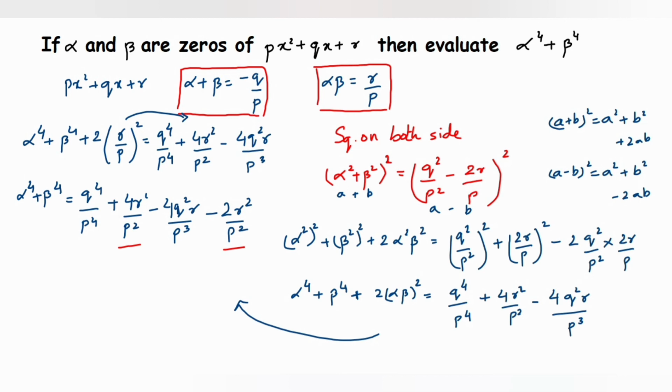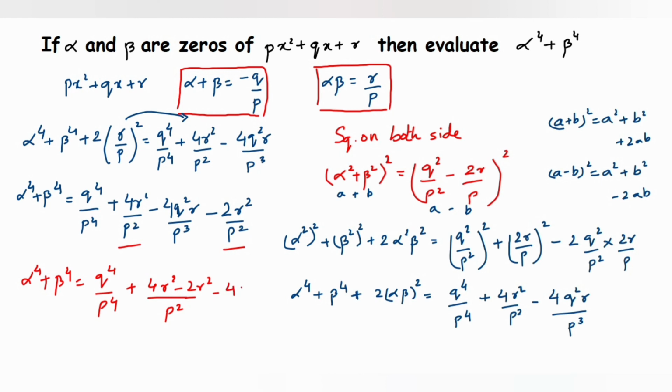So after doing this we'll get alpha to the power 4 plus beta to the power 4 is equal to q to the power 4 upon p to the power 4 plus, here there will be a common denominator p square, and in the numerator we'll get 4r square minus 2r square, minus 4 q square r upon p cube.